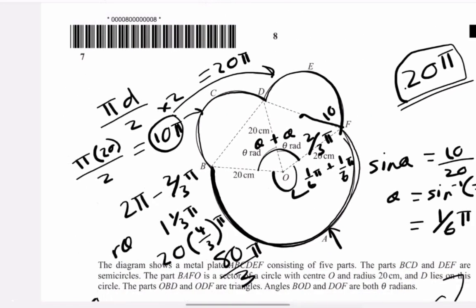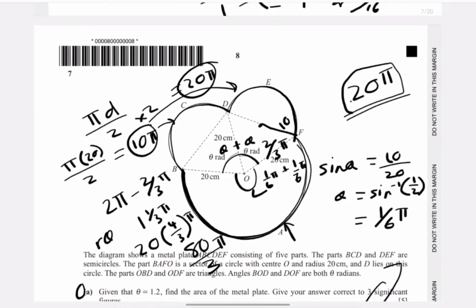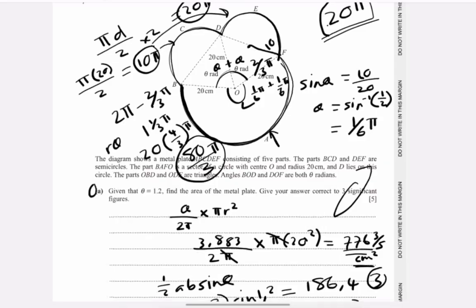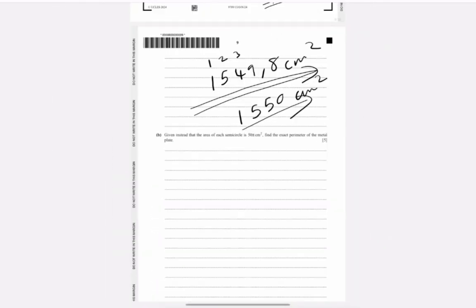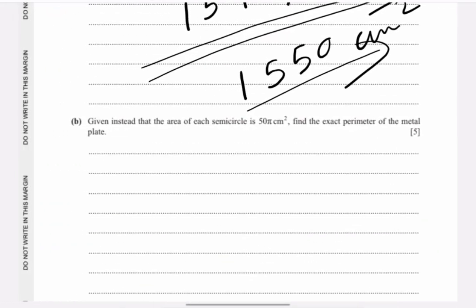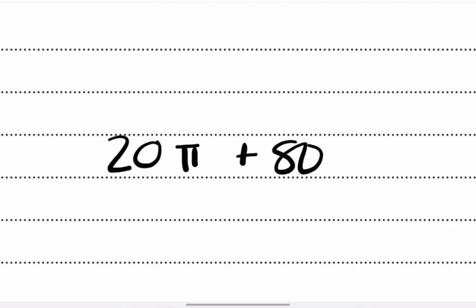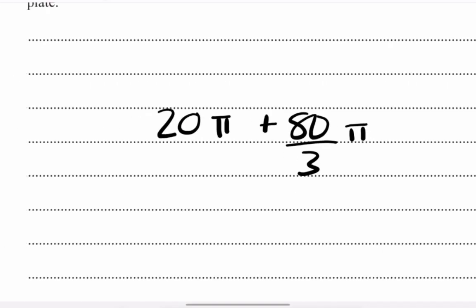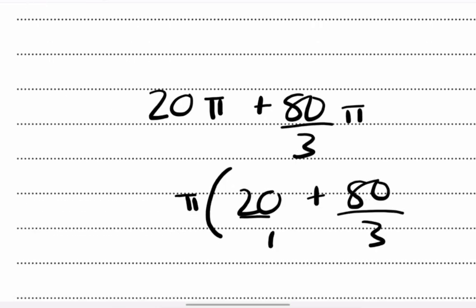So then we come down here and we add this 20 pi to this 80/3 pi, so it will be 20 pi plus 80/3 pi. We want it to be exact, so we just add these.